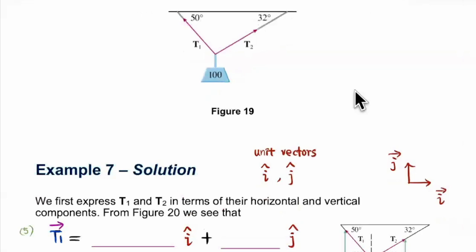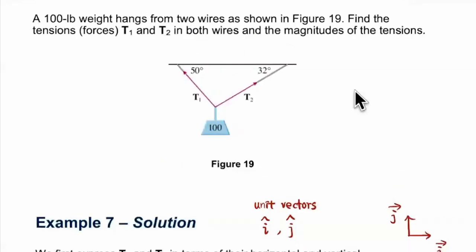Okay, let's think about this. Let's try to understand what's going on. Right now we have this 100-pound weight hanging over here, and then you have the 2 cables, right? This cable and this cable. So it has the tension going this way, along this T1, and then T2 will go this way.